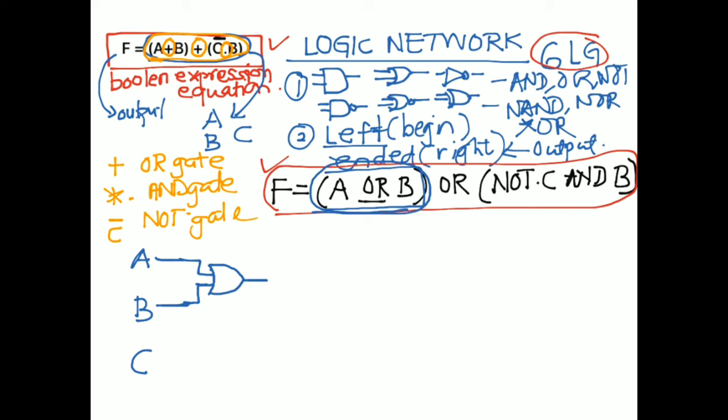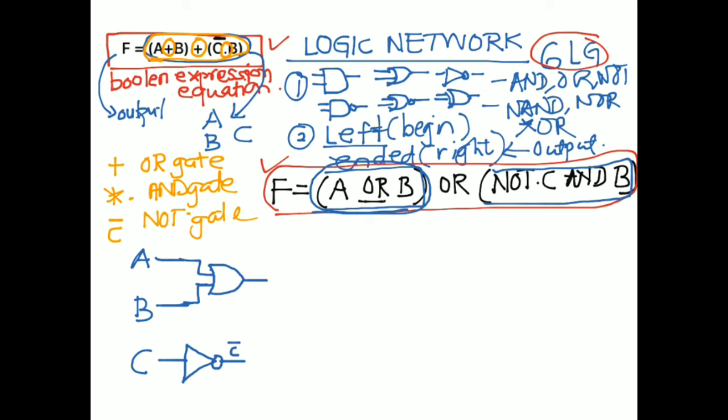The next expression is this one: NOT C. So your C should go through a NOT. Get a NOT symbol. It is a triangular shape with a small circle at the tip. Then you join the C to it.